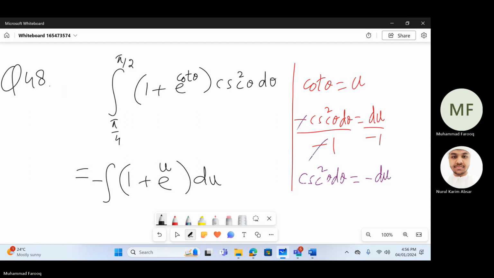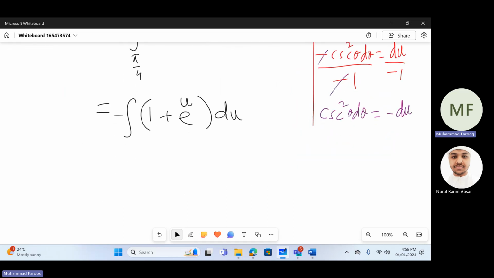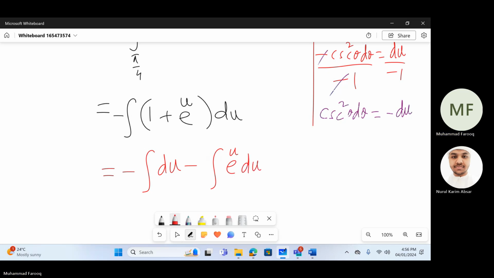Integration. How? Negative, integral of 1 plus e to the power of u. Good. Basically, you can distribute this. So here, negative sign, integration of 1 du. Again, you have negative sign, integration of e to the u du. Do you understand?